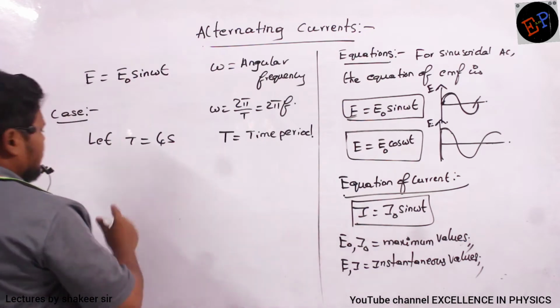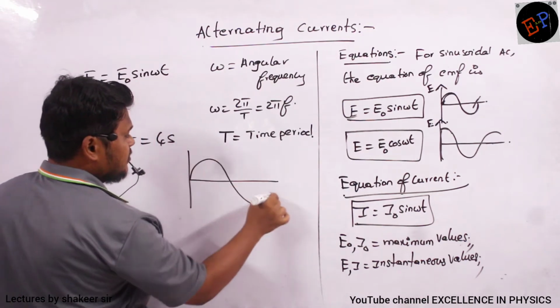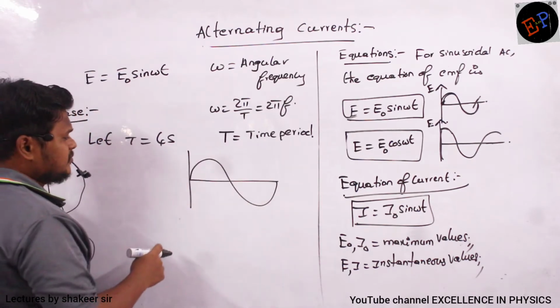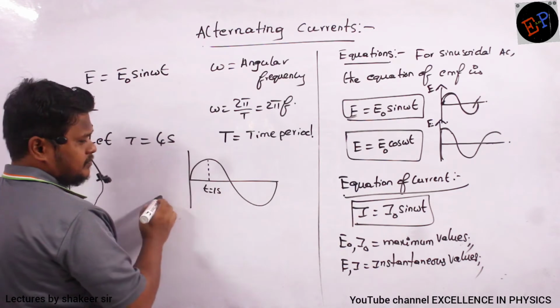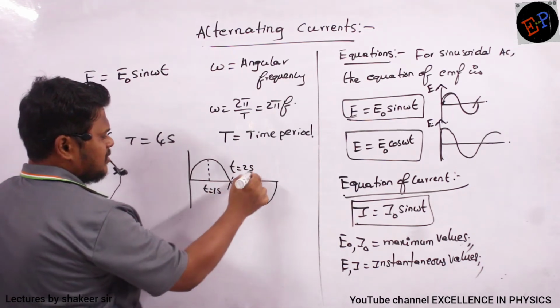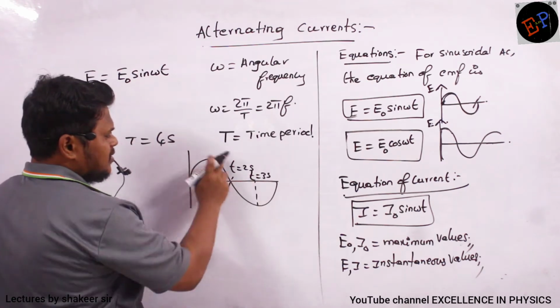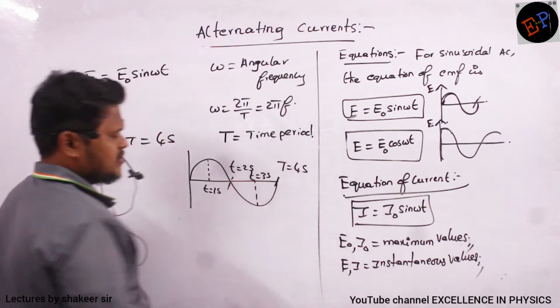Okay? Now let us divide this one. So if this is one wave, if I compare this one with a wave, then from here to here time taken will be 1 second. Up to here time taken will be 2 seconds. Up to here time taken will be 3 seconds. And for this complete wave to be completed, total time taken is equal to 4 seconds.